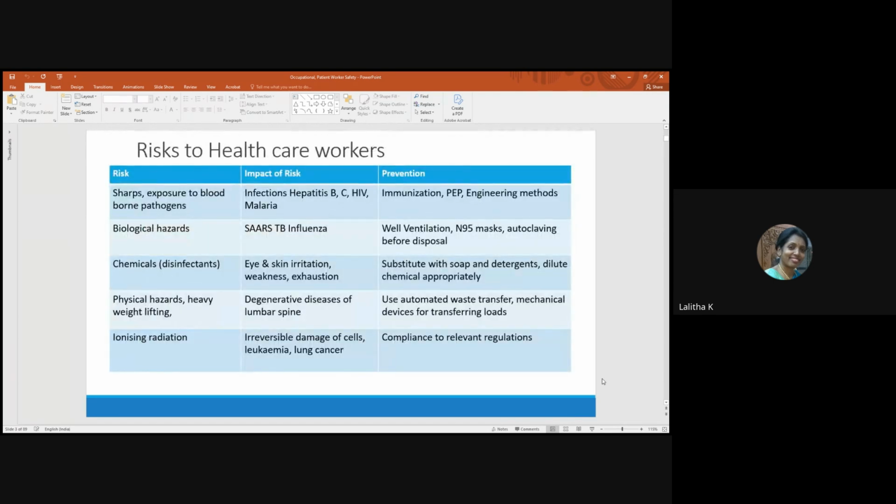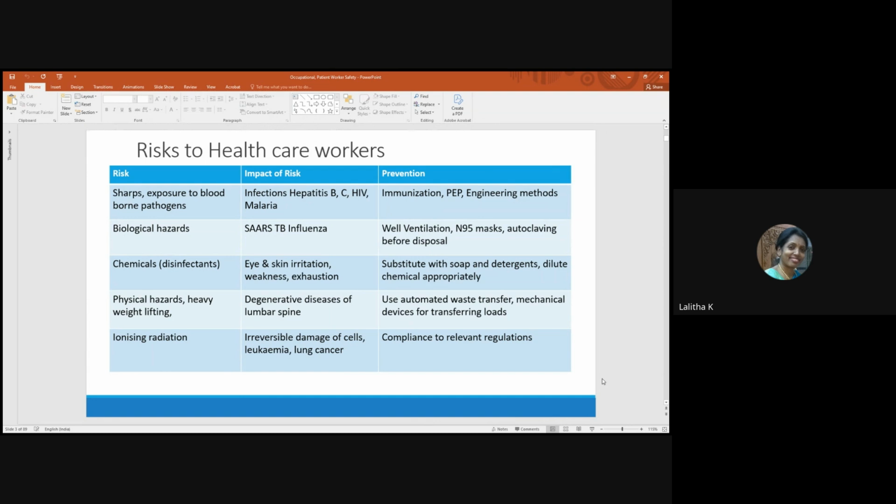Now, physical hazards like heavy weightlifting can result in degenerative disease of the lumbar spine. Let's look at each of these. Sharps or exposure to blood, or needle stick injuries, can cause infections like hepatitis B, hepatitis C, and HIV, and blood transfusions can also cause malaria. How do we prevent this? One is immunization. That's why our program has hepatitis B vaccination for all our healthcare workers, and post-exposure prophylaxis, and also engineering methods so that the risk is reduced.